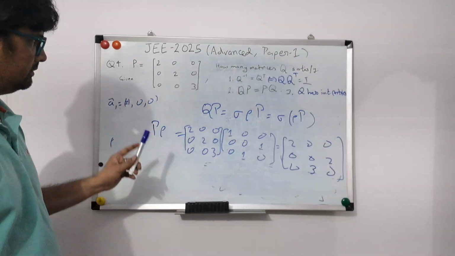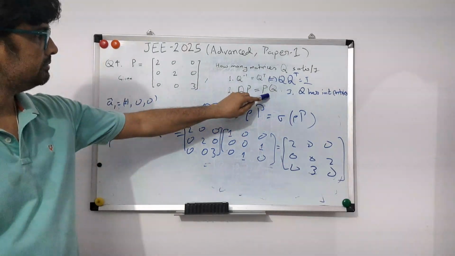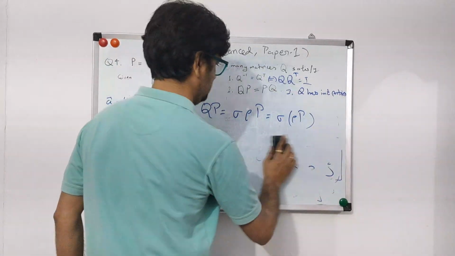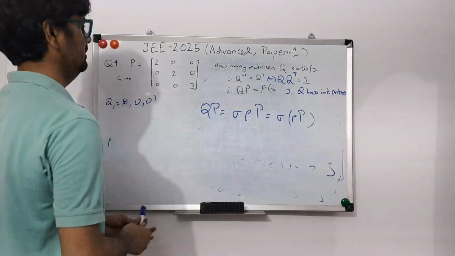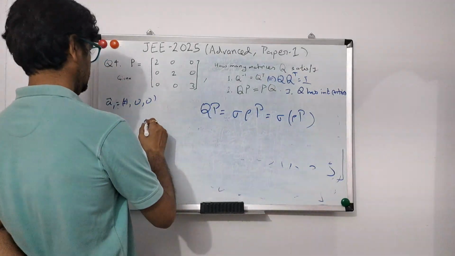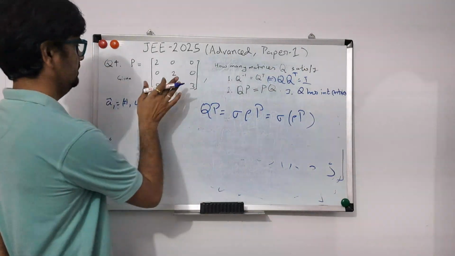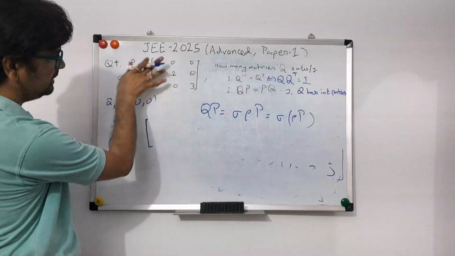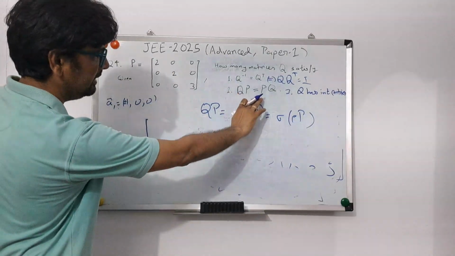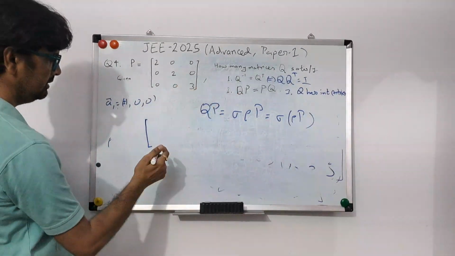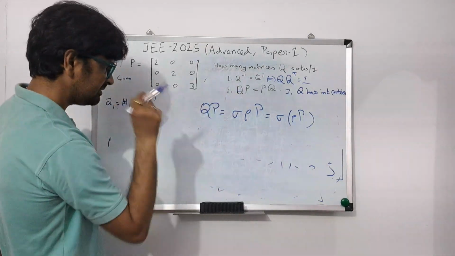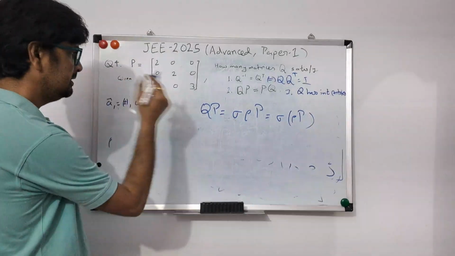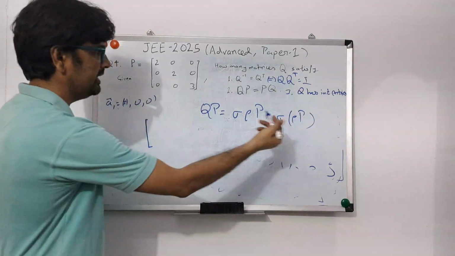So what we actually mean by this is, when multiplying Q and P, we permute the rows of P, and when multiplying P and Q, we permute the columns of P. And the sigma, this sign matrix, commutes with all the matrices here.